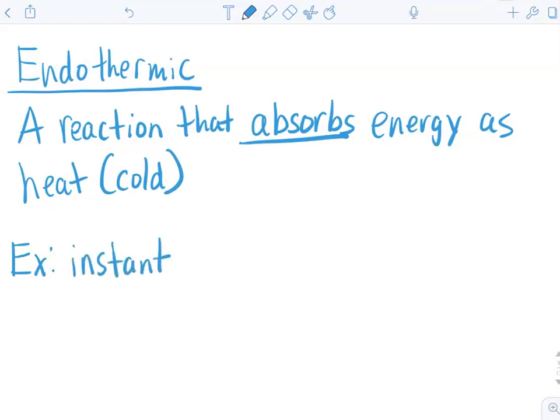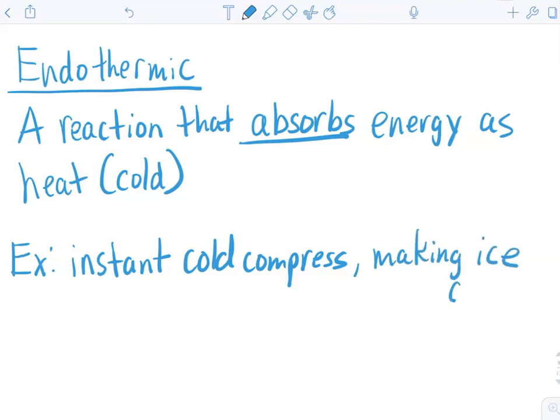So if you've ever gotten injured before, this is the thing that you break, and then once you break it, it gets really cold. Also making ice cream is an endothermic reaction as well. So I like to think of endo, inside. So it's going to be cold. Okay.